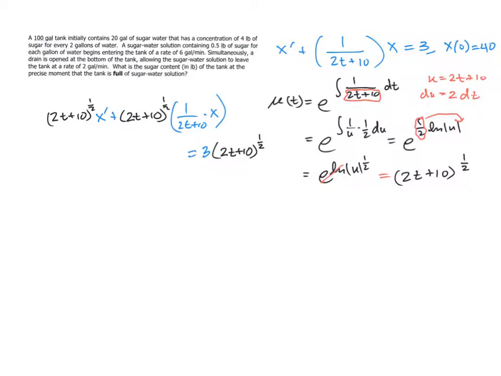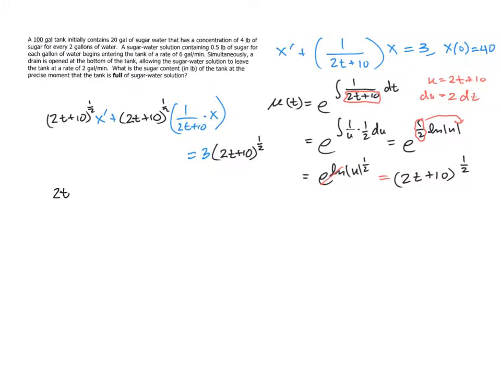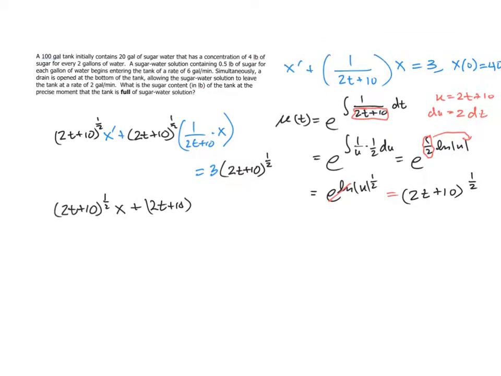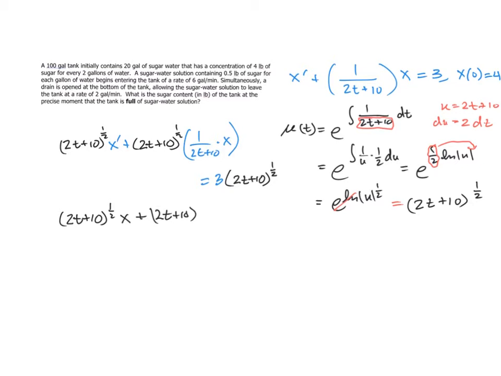If we now simplify this down, we've got a 2t plus 10 to the half times x. And then we're going to have a 2t plus 10, if we subtract exponents, to the negative 1/2, equal to 3 times 2t plus 10 to the half. And let's put a little divider wall in here to separate our calculations.